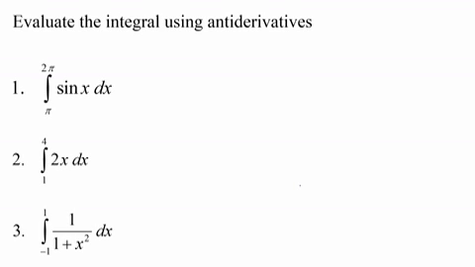So using our previous property, we can take the antiderivative of sine x, which is negative cosine x, and evaluate it at the upper limit of integration minus the antiderivative evaluated at the lower limit of integration. So this answer would be negative cosine 2 pi minus negative, which turns into plus, positive cosine of pi.